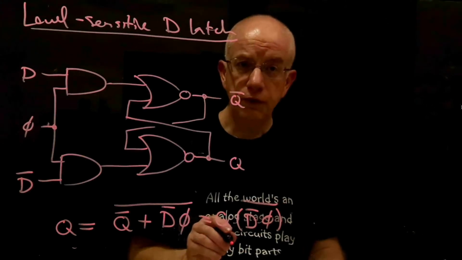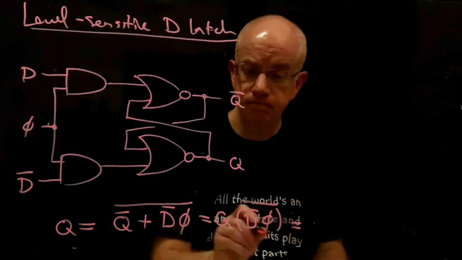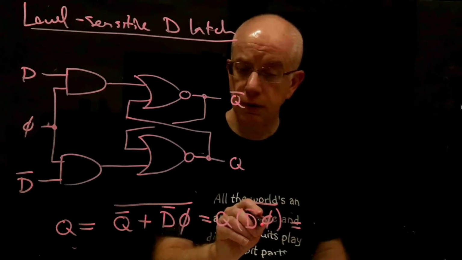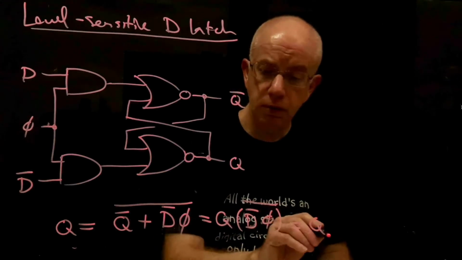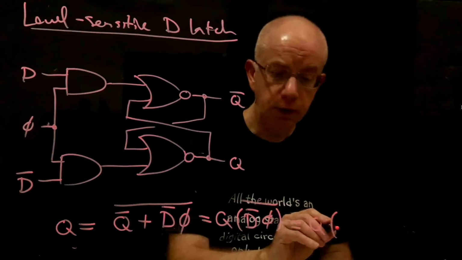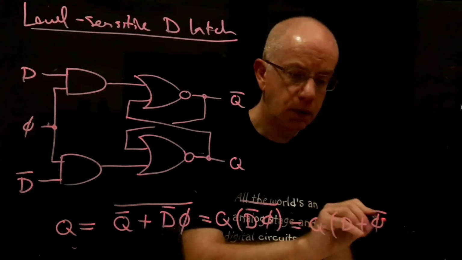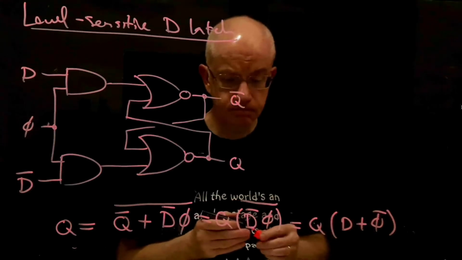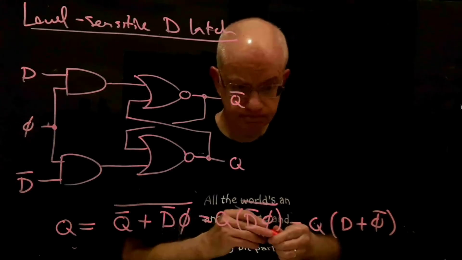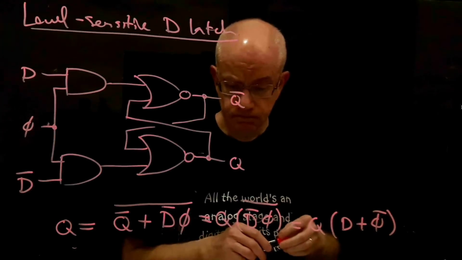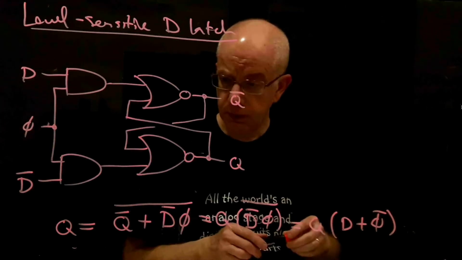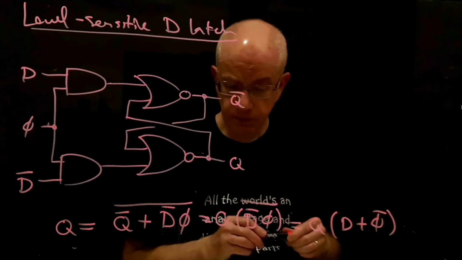And that's, of course, equal to, applying De Morgan's other law here, Q ANDed with D or phi bar. All right, so there's a number of ways we can write this.